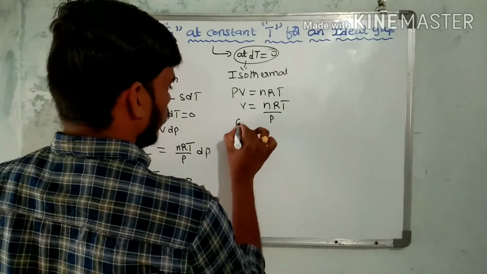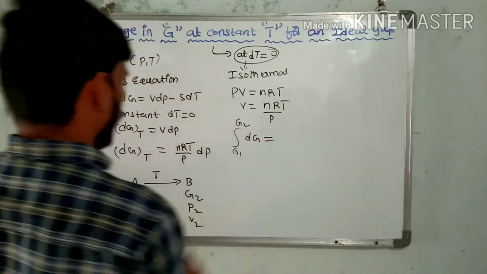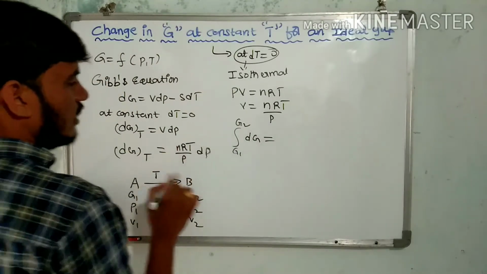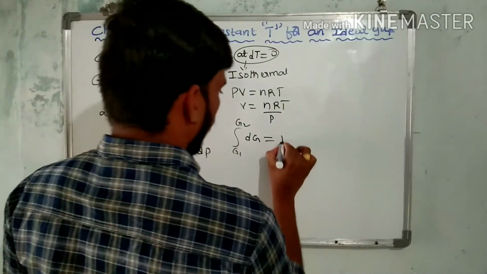Now the integration goes from initial G1 to G2. dG equals nRT, where R is a constant and n is a constant, and T is also constant.